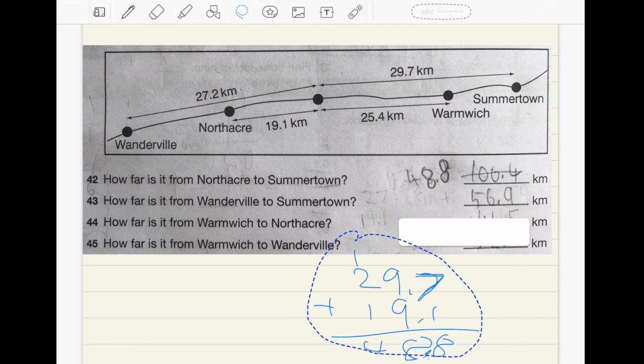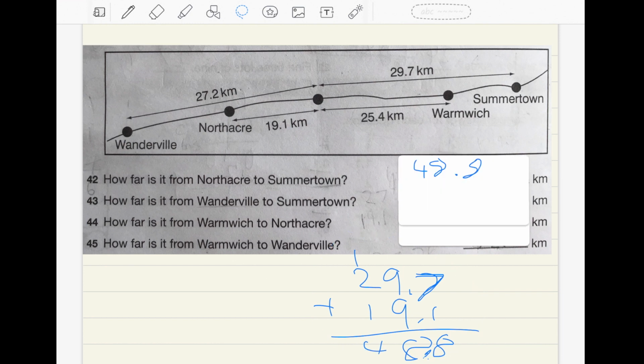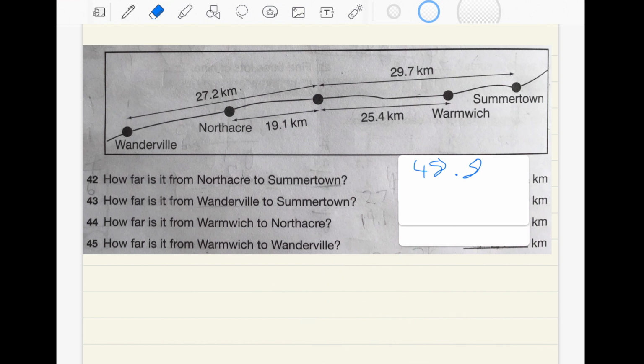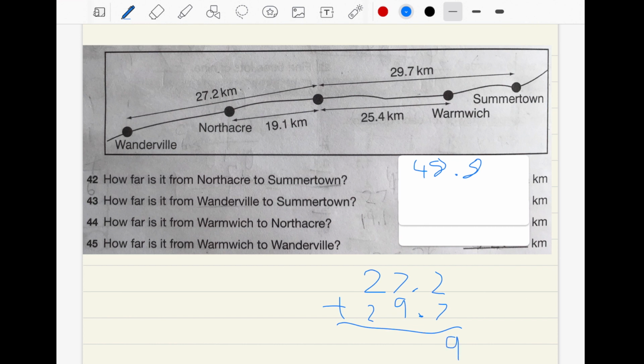Let me just rub it out. So, 27.2 km plus 29.7 km. 7 plus 2 or 2 plus 7 equals 9.